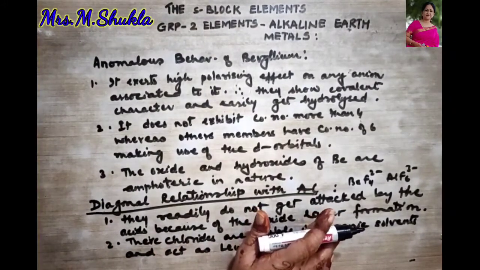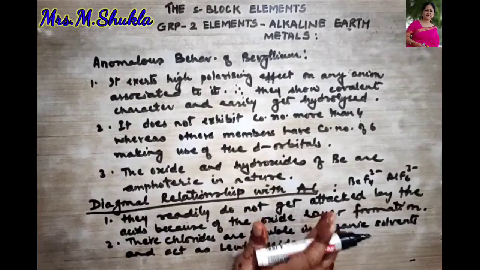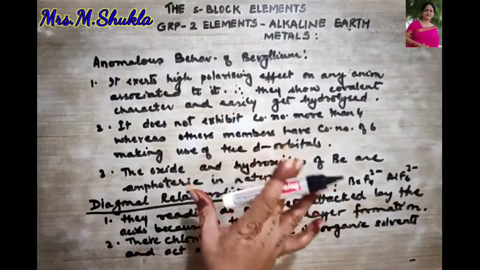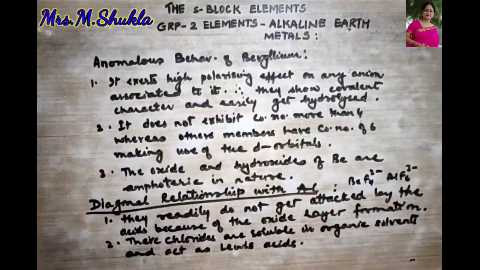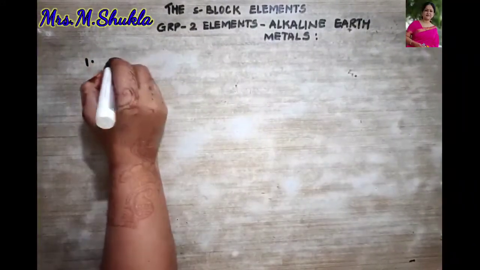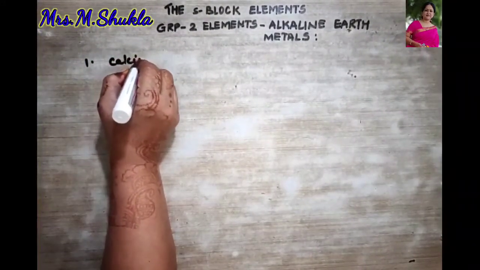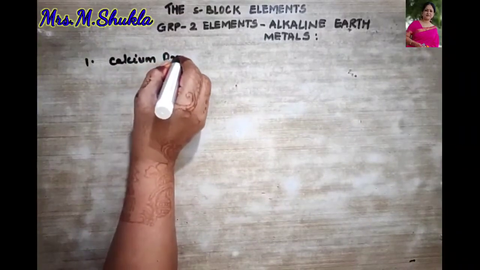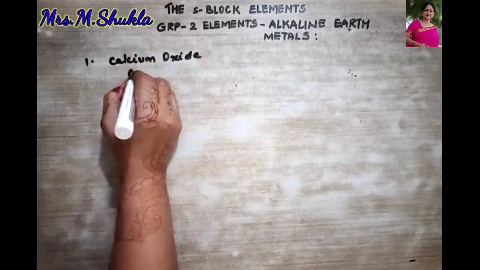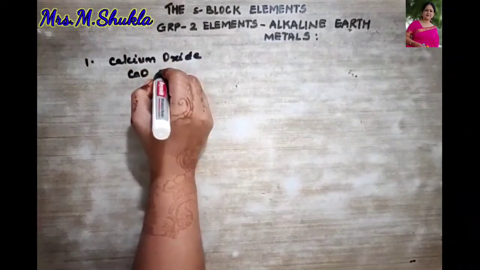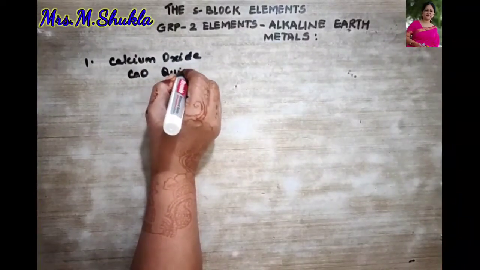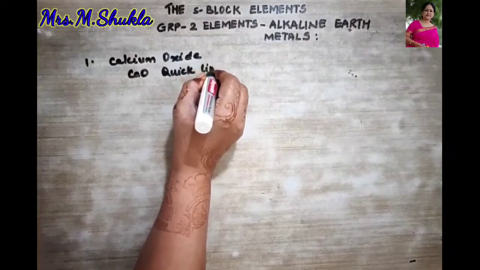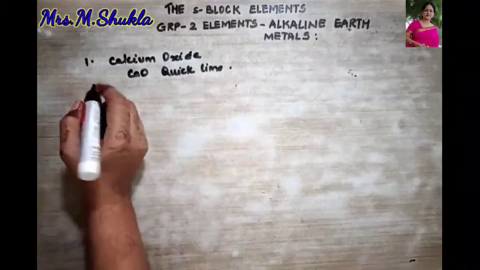Now we shall study some important compounds of magnesium and calcium which are in your syllabus. Let's start with the first compound, calcium oxide. This calcium oxide, CaO, is also called quicklime.